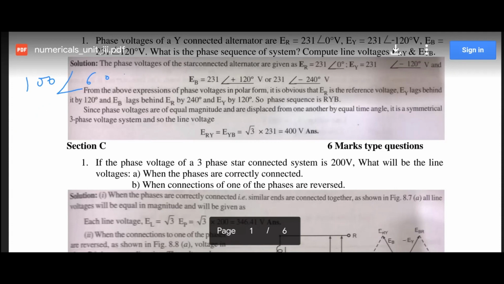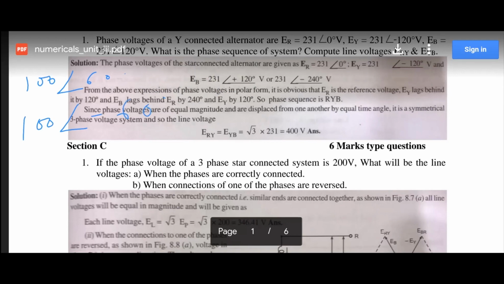Okay, so if it is having 60 degrees and this is A, and we are assuming that the phase sequence is ABC, then the phasor B will have 100 and the angle will be angle A minus 120 degrees. So 60 minus 120 degrees, that will become minus 60 degrees.